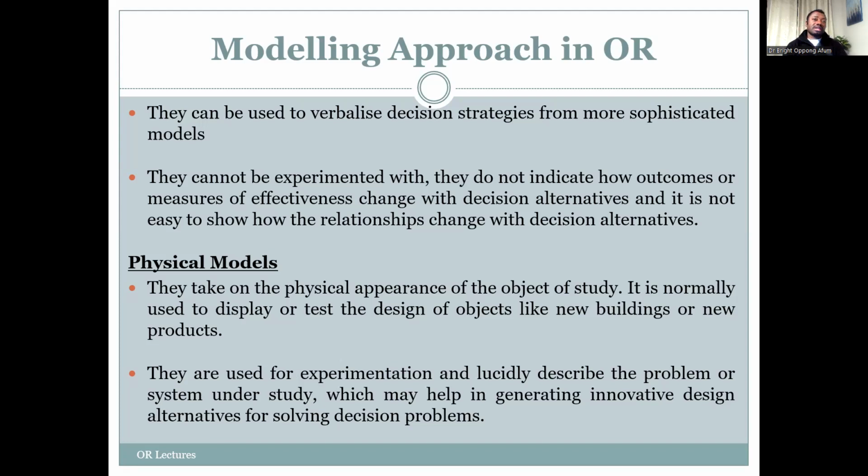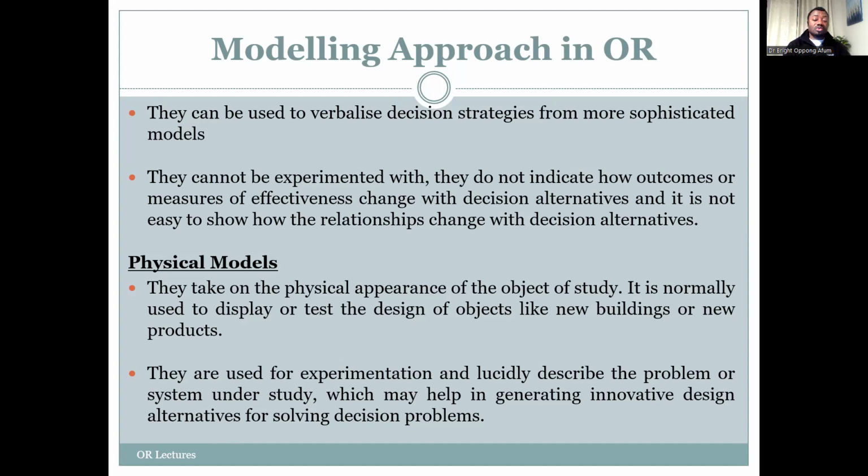Instead of taking that big aeroplane to study, which may be very expensive, we build a miniature physical aeroplane or building, and we subject it to all the constraints that we are thinking of and see how it translates those variables into the objective that we are looking for. So that is a physical model.